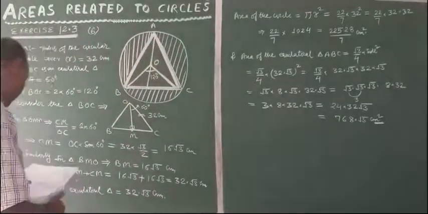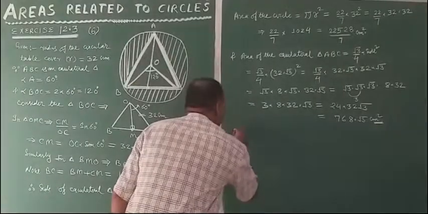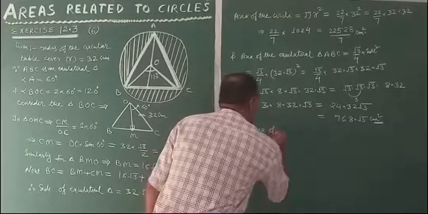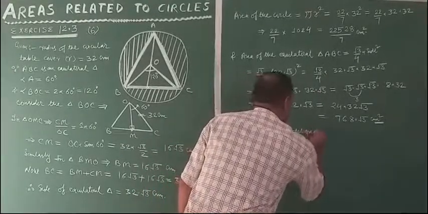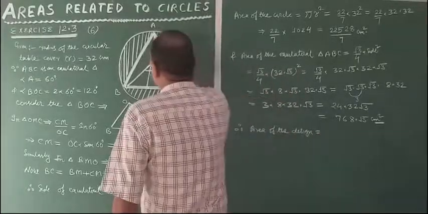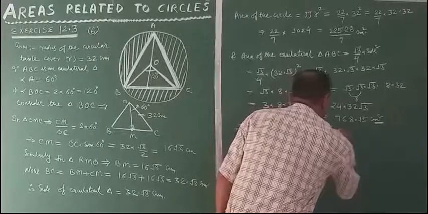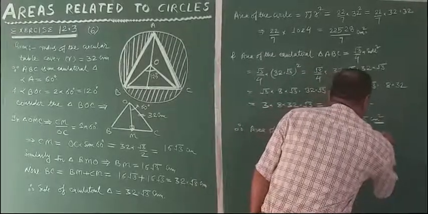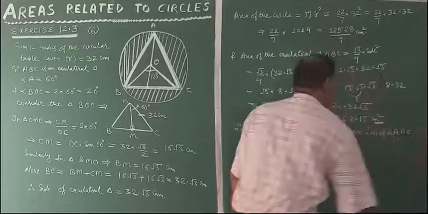Now the question is to find the area of the design. Therefore, area of the design will be the area of the circle minus the area of triangle ABC.